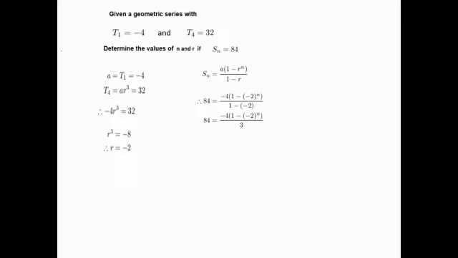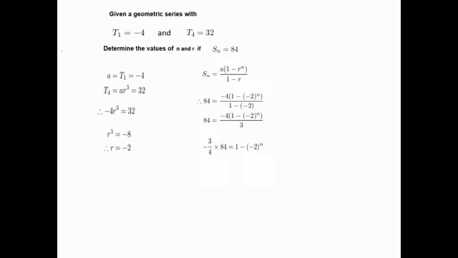Okay, so in this calculation, too many numbers are there, so be careful with the calculation. 4 by 3 will go to the opposite side, become 3 by 4. You have to change the sign. Multiply with 84, you will get minus 1 minus (minus 2) the power n. Okay.